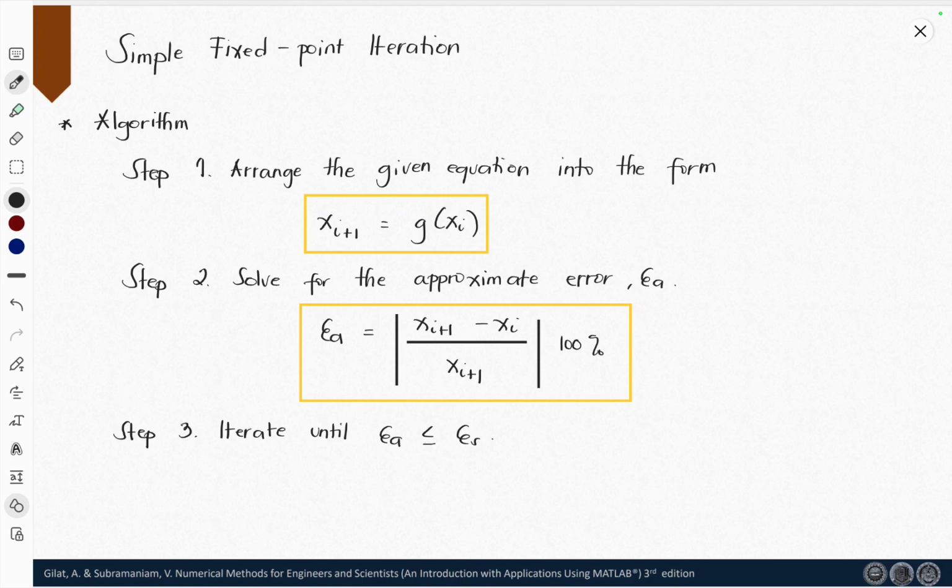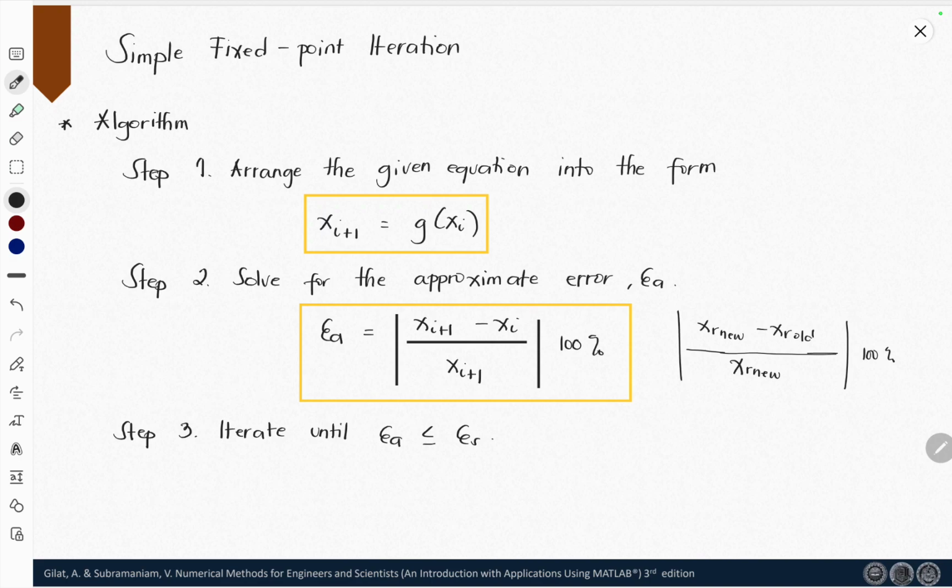So this is just the same as the calculation of the approximate error for the bisection method and the regula falsi. There, instead of using x sub i plus 1, we wrote x r new minus x r old over x r new times 100%.